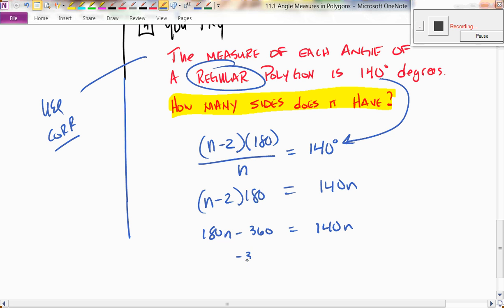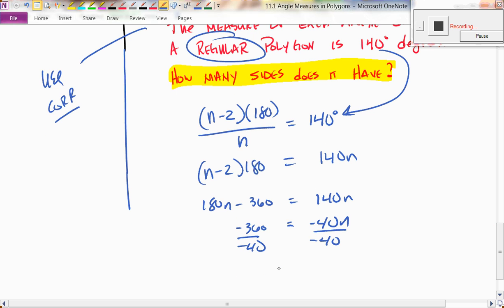So negative 360 equals 140 take away 180, which is negative 40n. Divide by negative 40, and we have our answer. n must be 9. 360 divided by 40 is 9. Who got it right? Let the record show there are 4 hands in the air.